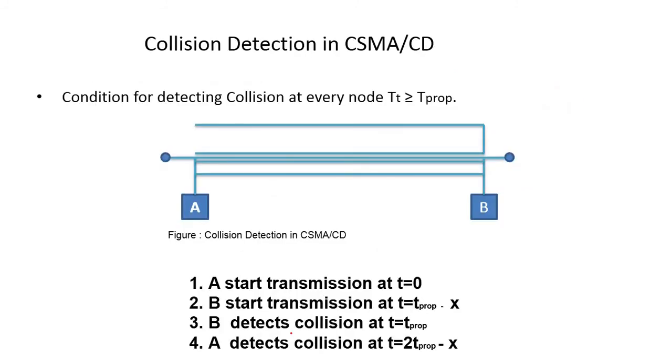Let's see the diagram of collision detection in CSMA-CD. Suppose we use the condition transmission time greater than or equal to propagation time. We discussed transmission time and propagation time during our earlier session. That is the propagation time and that is the transmission time.